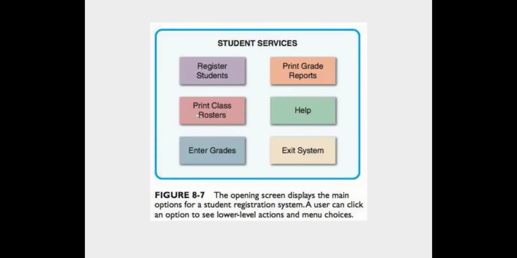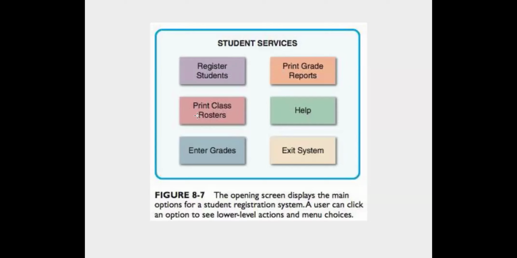Right. Now let me show you a couple of screenshots, from very basic to some of the things that you could do. First of all, this is the very first screen shown in a student registration system.